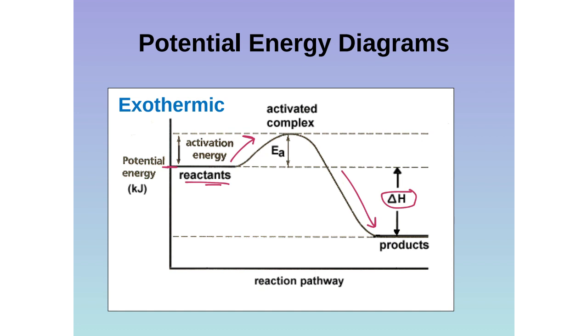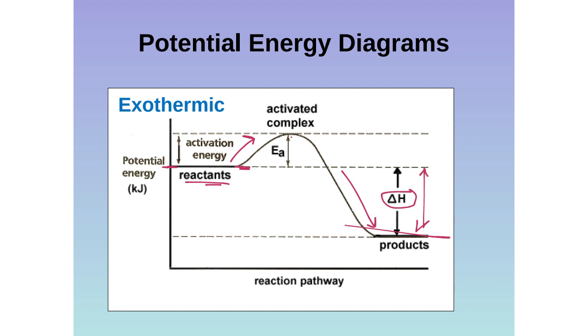Okay, so we know that an exothermic reaction releases energy. And so graphically, you can actually tell. So if we had numbers assigned here, right, we would know what was the potential energy of the products once they were formed. We know what the potential energy of the reactants are. And the difference between those two represents the enthalpy of the entire reaction.